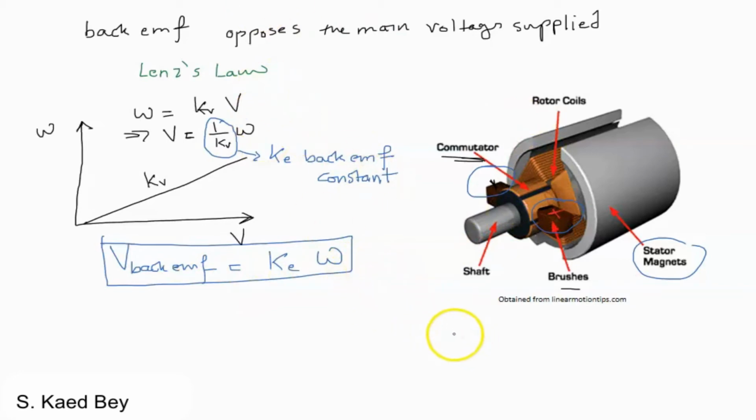Please be also aware that the torque produced by the DC motor is linearly related with the input current. So if the x-axis is the current and the y-axis is the torque, then the linear relation is governed by a straight line with the slope of Kt. Kt is what we call the torque constant.